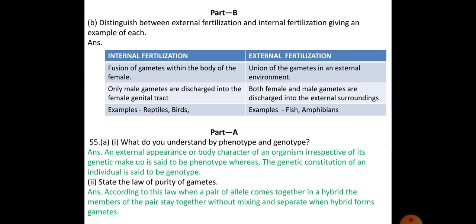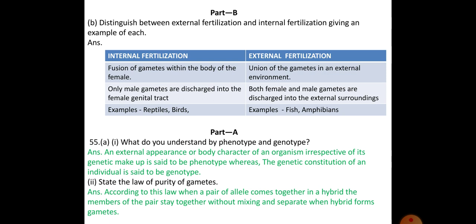Distinguish between external fertilization and internal fertilization, giving an example of each. Internal fertilization is the fusion of gametes within the body of a female. External fertilization is a union of the gametes in the external environment.